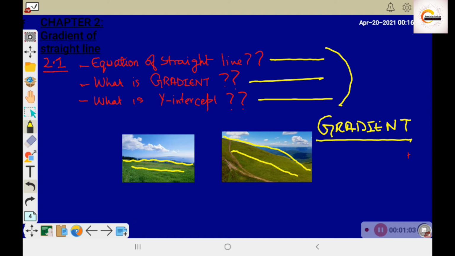Alright, and how can we measure the gradient? Simple, we have a formula which says that gradient is the ratio between vertical change and horizontal change.